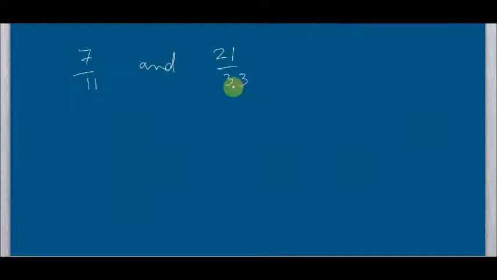Okay, and you are asked to check whether these two fractions are equivalent or not. Okay, so what we have learned is that equivalent fractions are the common multiple of the numerator and denominator of the basic fraction.